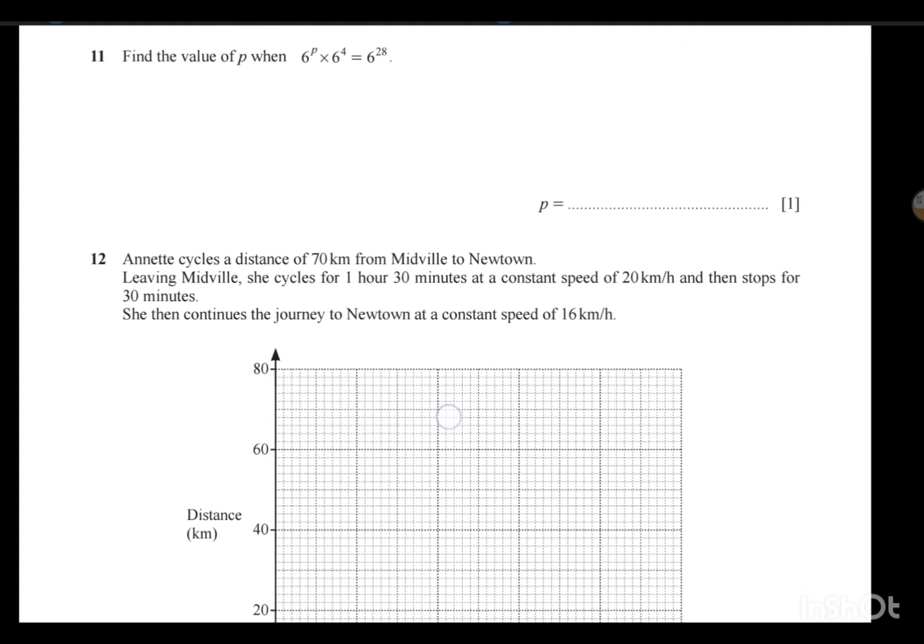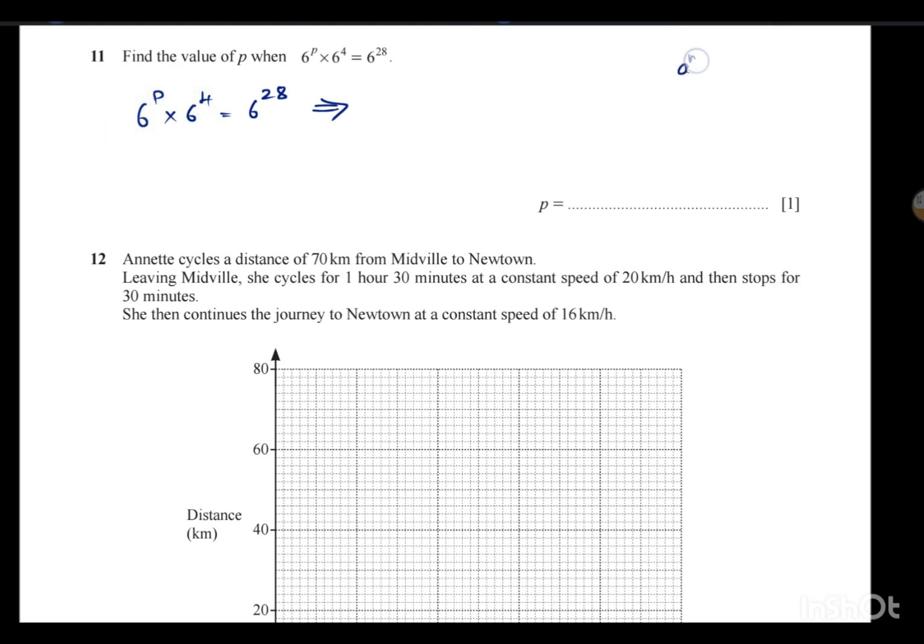Question number 11. Find the value of p when 6 raised to p into 6 raised to 4 is equal to 6 raised to 28. Here the bases are the same and it is multiplied, so you will have to add the powers, taking one base.